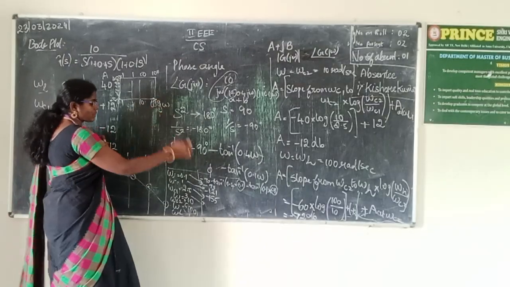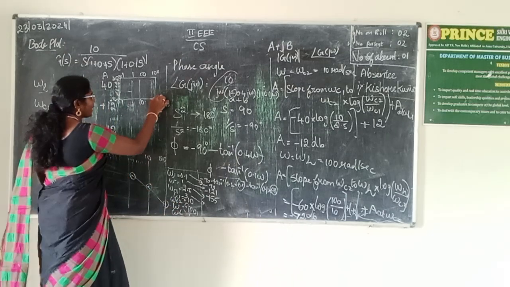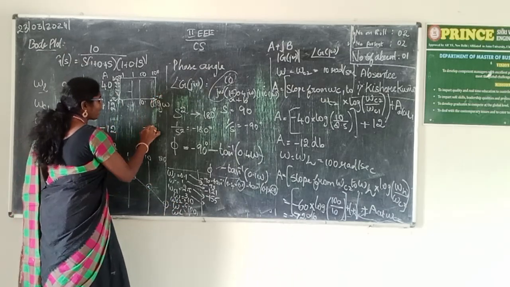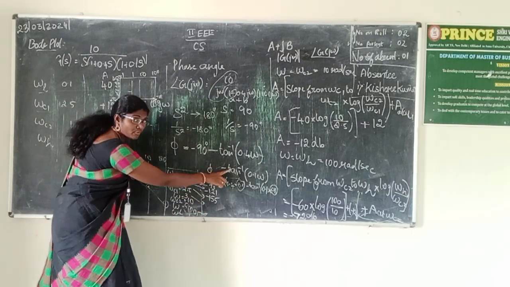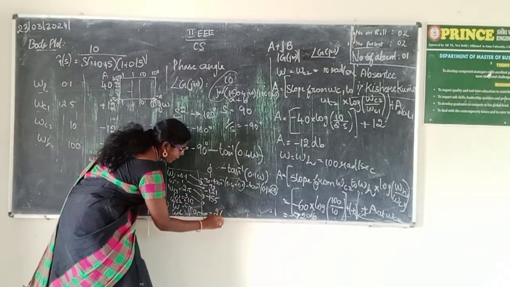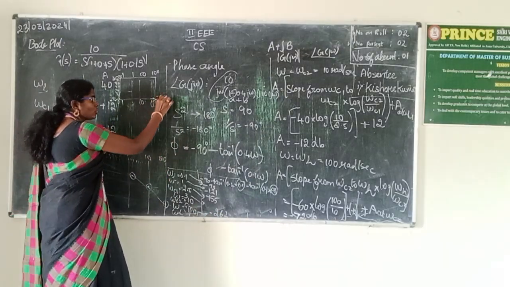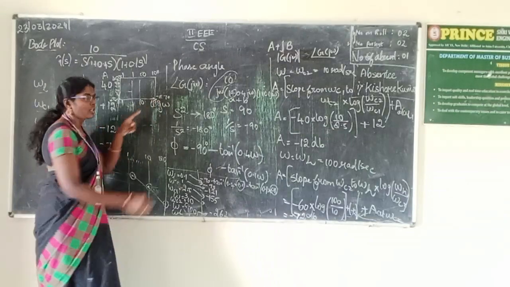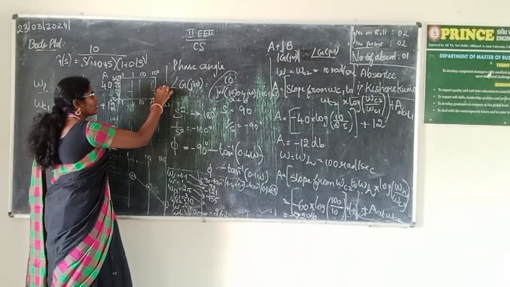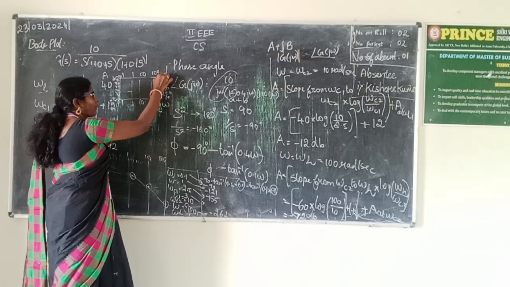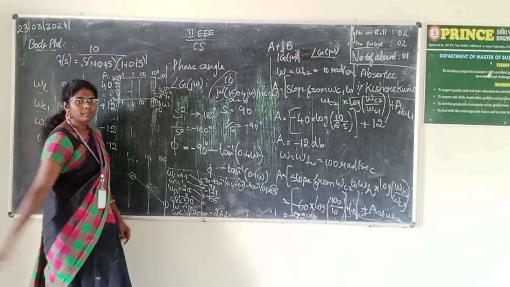Substituting omega equal to 100 in this formula, we get the maximum value as minus 262. So take this as minus 270 at the lowest, and here minus 260, minus 250. Likewise, you take up to minus 90.